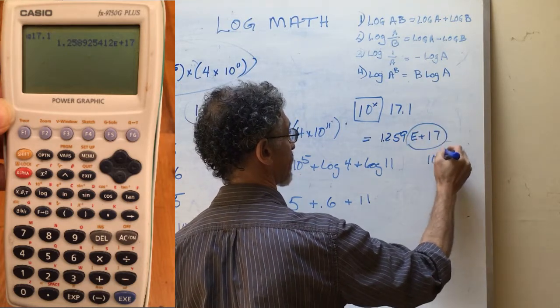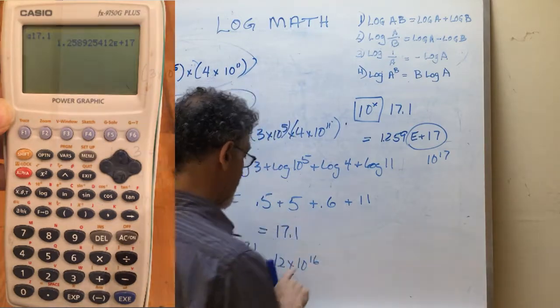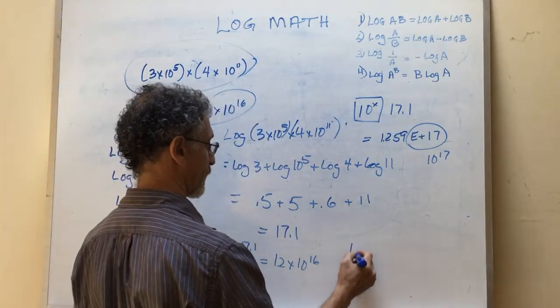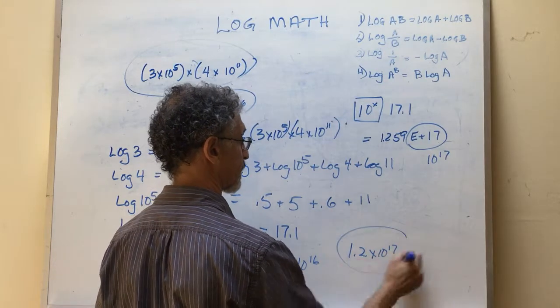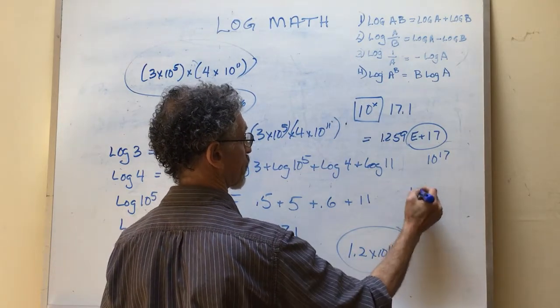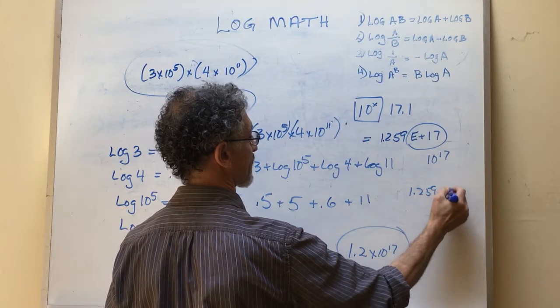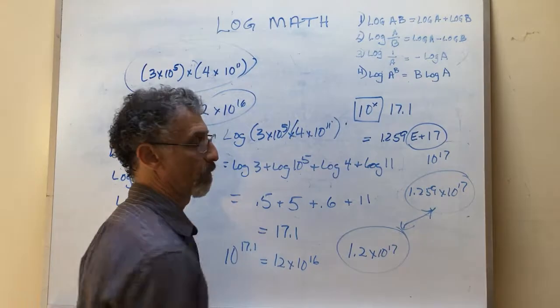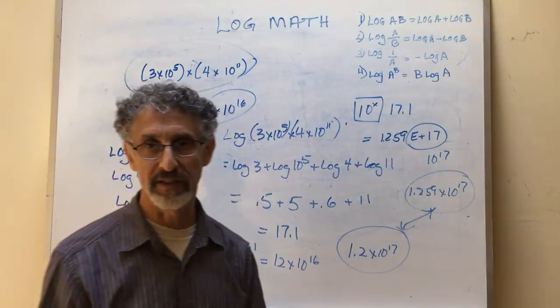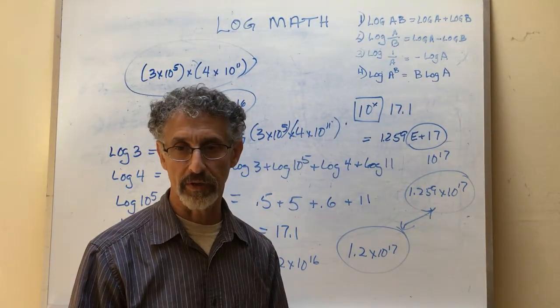This means 1.259 times 10 to the 17th. And if we change this here, we get 1.2 times 10 to the 17th. And again, since we're using rounded values for the logarithms, the results are close and we know we're good.